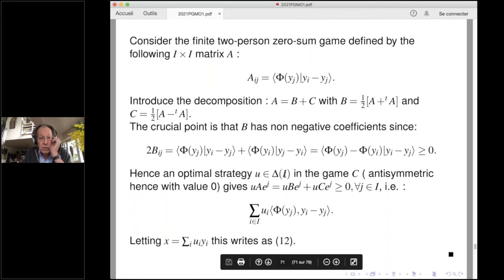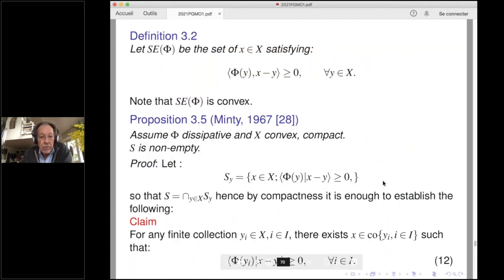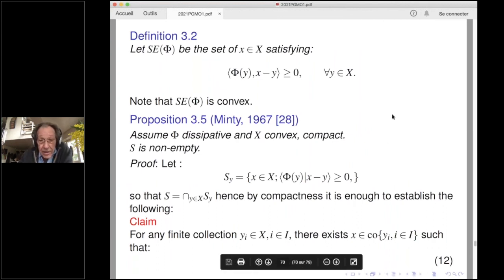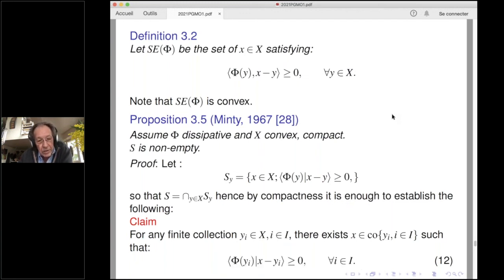Remember, U is in the simplex, so it's a convex combination of points in I. So this is a convex combination of the YI, so it's a point in the convex hull. And it simply says that the previous inequality I was looking for, phi of yj, x minus yi is positive for every y.